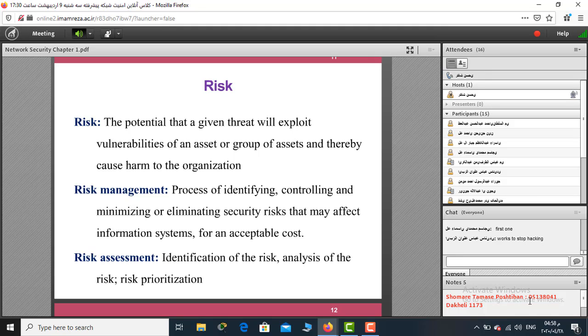For example, risk number 1 is very important, but risk number 2 is not too important. So we should first concentrate on risk number 1 because it has more and higher priority.